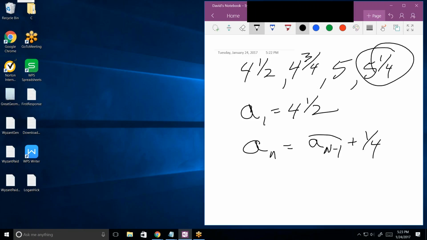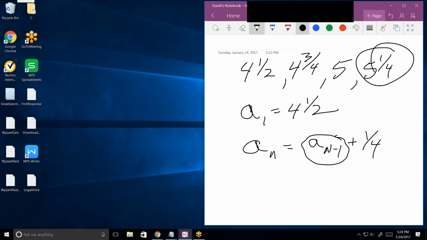So a sub n minus 1 is the previous term in the sequence. If you told me a sub n minus 1 is 176, then I know a sub n is 176 and a quarter. That's what recursive means: you are defining a sub n as a function of its previous term.